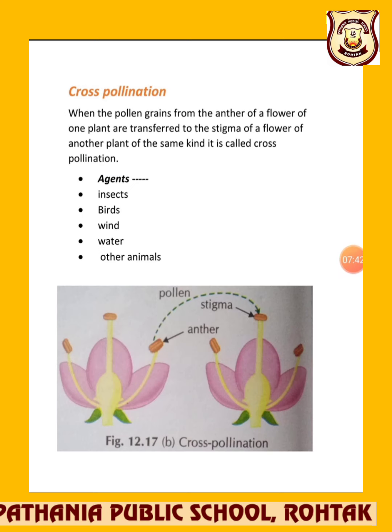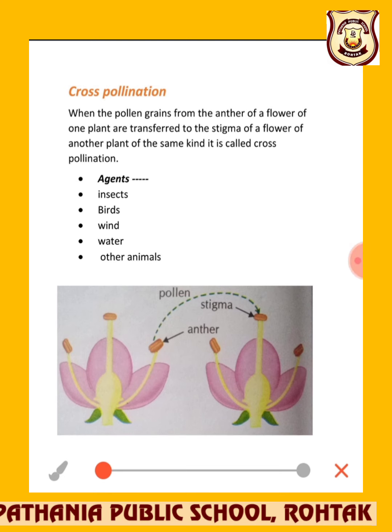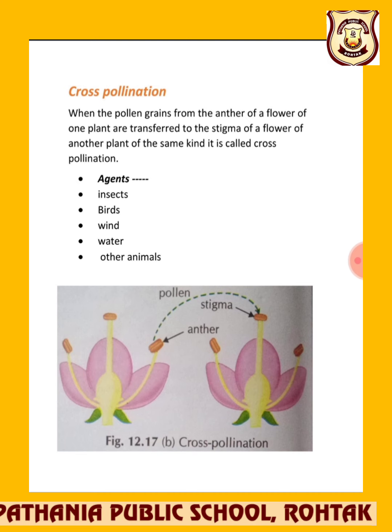Next is cross-pollination. When the pollen grains from the anther of the flower of one plant are transferred to the stigma of the flower of another plant of the same kind, it is called cross-pollination. I'll repeat again. When the pollen grains from the anther of the flower of one plant are transferred to the stigma of a flower of another plant of the same kind, it is called cross-pollination.